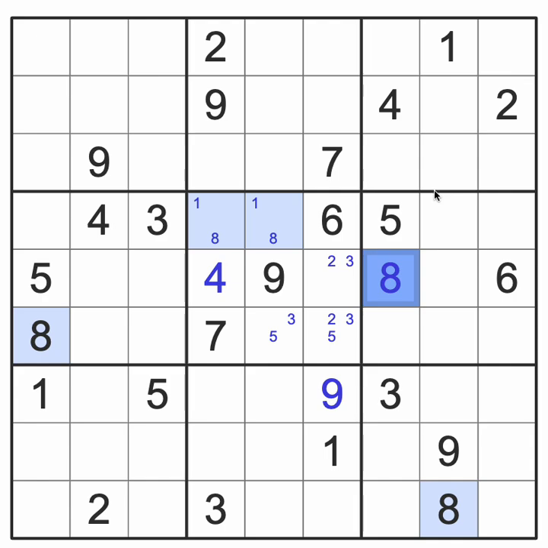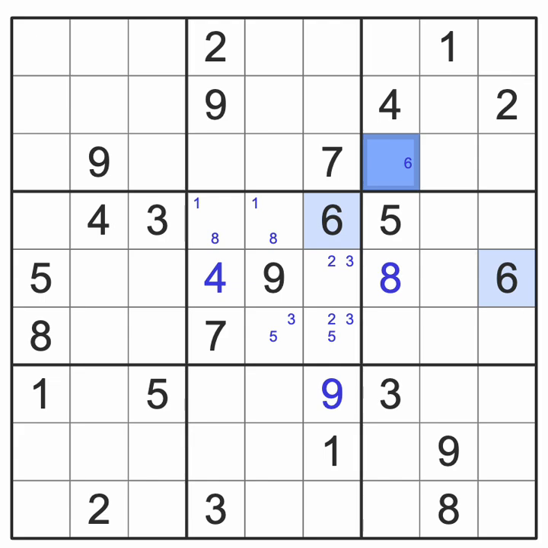And again, it doesn't look like I have anywhere to go. But actually, this 8 has made this cell a naked single. It's blocked by 1, 2, 3, 4, 5. It can be 6. Blocked by 7, 8, and 9.